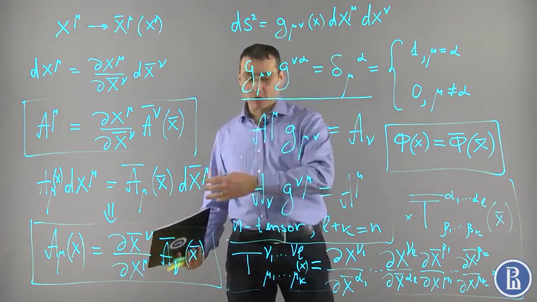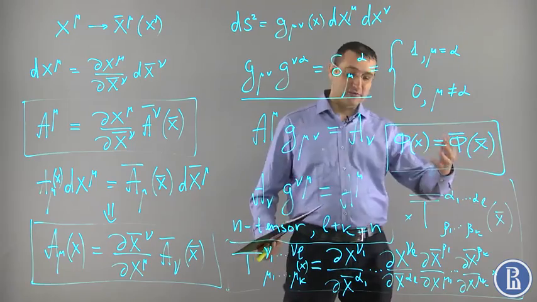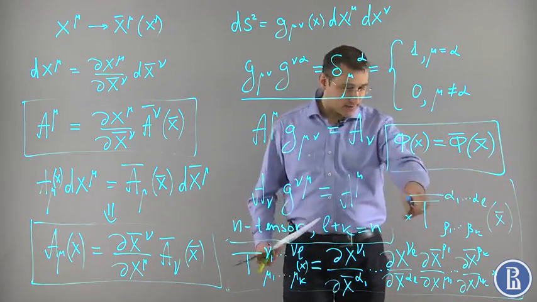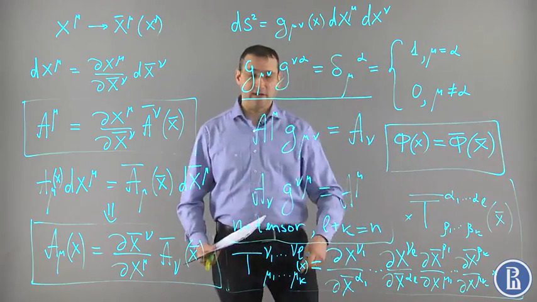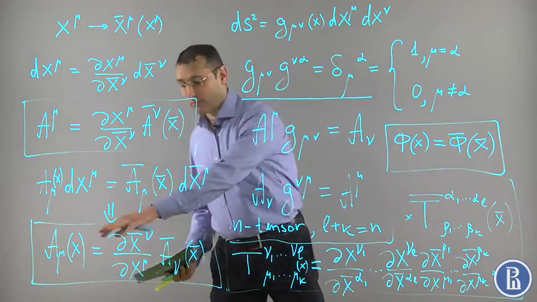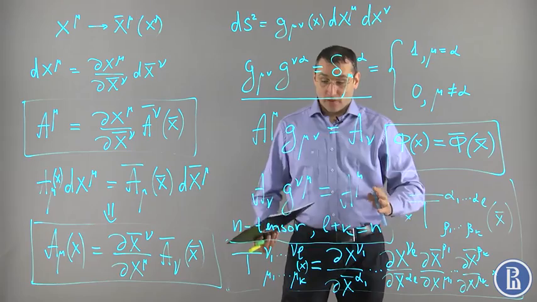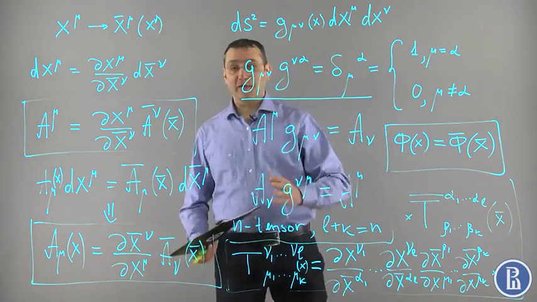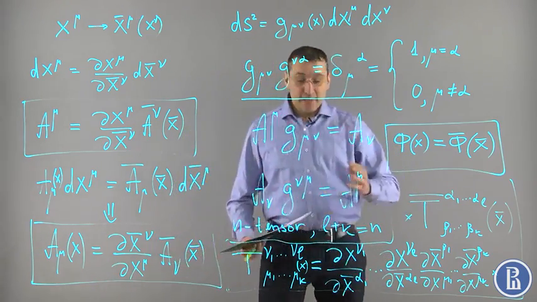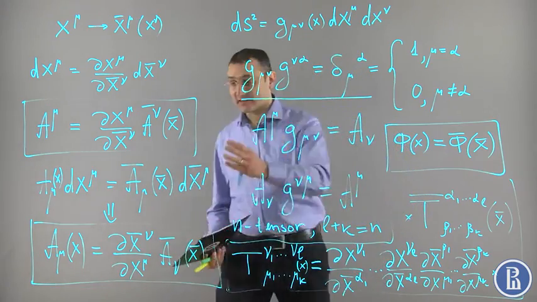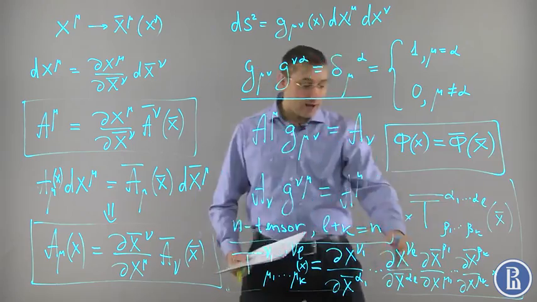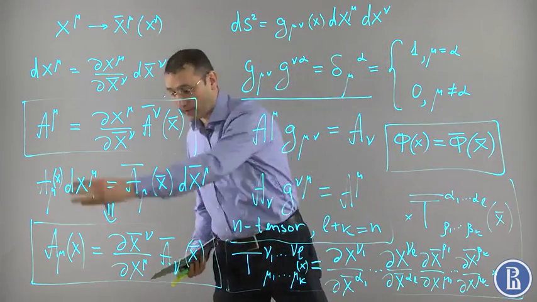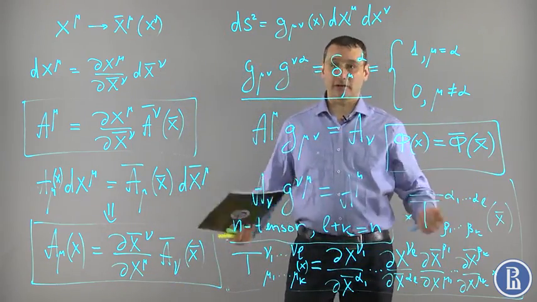In the bar system they are expressed through bar quantities, bar tensors, bar coordinates, and in the original through unbarred quantities. For defining this kind of laws of nature we need tensors, because tensors are quantities which transform appropriately with respect to coordinate transformations.